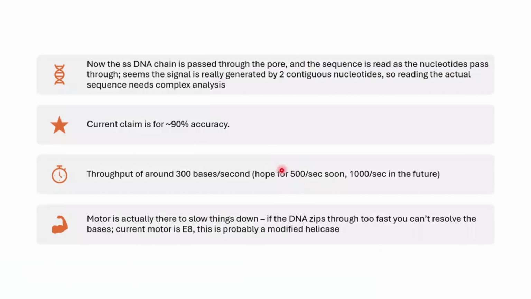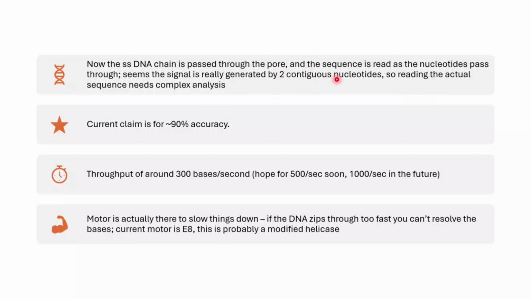Last two slides. Here I'm going to get a little bit into speculation because these companies obviously have to market for themselves, so they do claim some stuff. The first thing, before I get into the claim: when the single-stranded DNA molecule or RNA molecule or whatever molecule is passed through, the read seems to actually happen with two nucleotides and not one, okay?